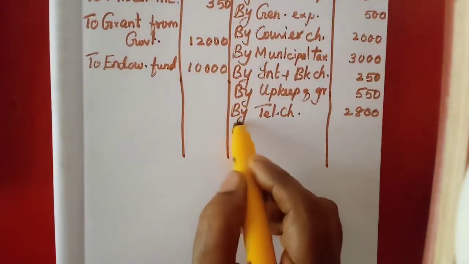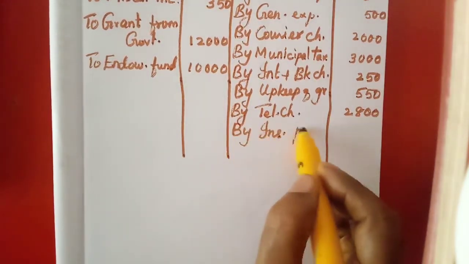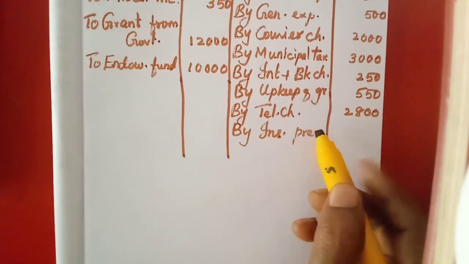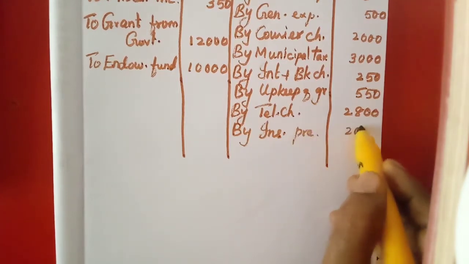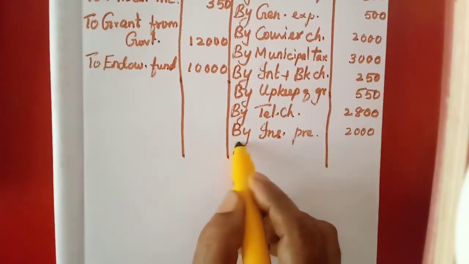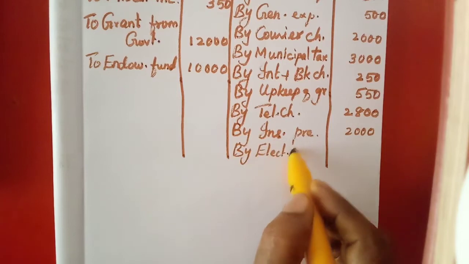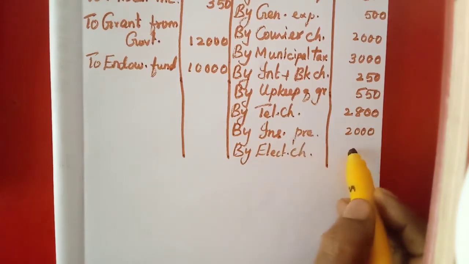Insurance premium paid, that is a payment, 2,000. Electricity charges paid, 5,000.